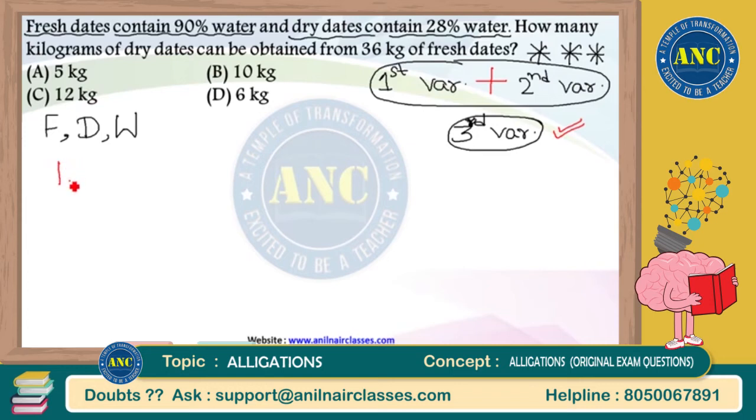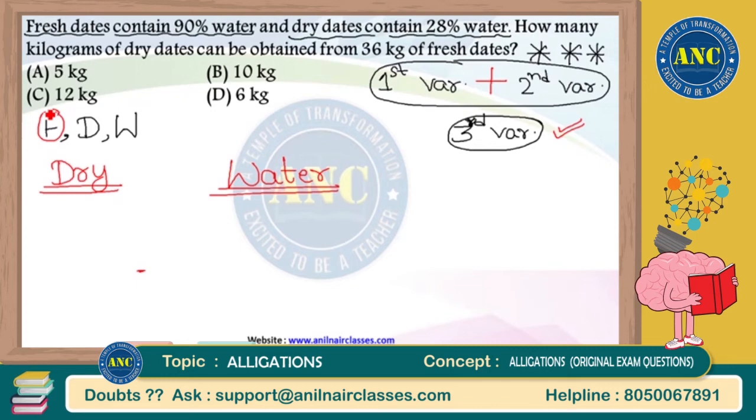I have dry dates with me. To these dry dates, I will keep adding water. The resultant I get is fresh dates only, right? It is something like a desert. Desert is dry land. For that dry land, I will keep putting water.